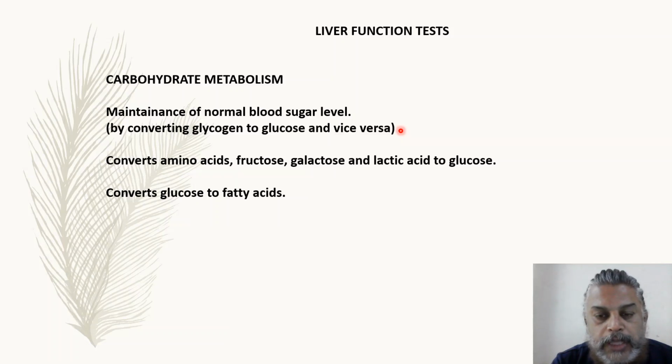So for 10 to 12 hours of fasting, liver takes care of sugar level from glycogen to glucose, and in the fed state the glucose is converted to glycogen. It is also a common site for gluconeogenesis, that is converts amino acids, fructose, galactose and lactic acid to glucose. It also converts glucose to fatty acid for some metabolism.